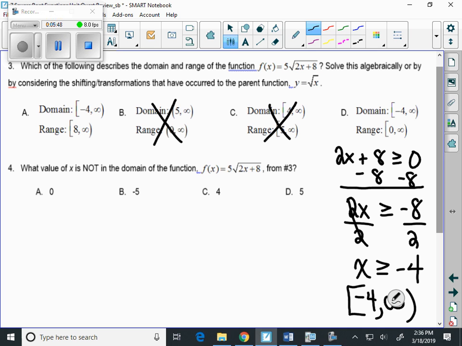So then the only other question here is the range. And in this particular problem, I'm wondering if we can figure out what our transformations are to help us. And I'm going to write under problem number 4 because that's where I have the space. But the number 5 gives us a vertical stretch.